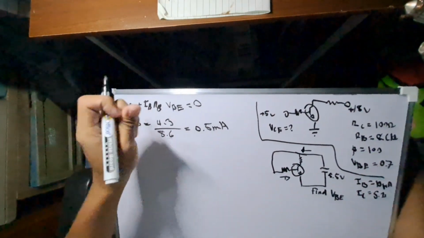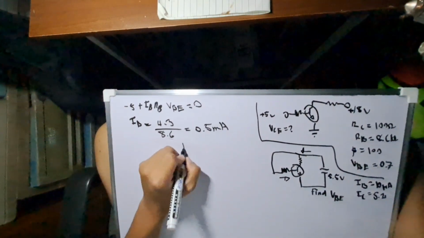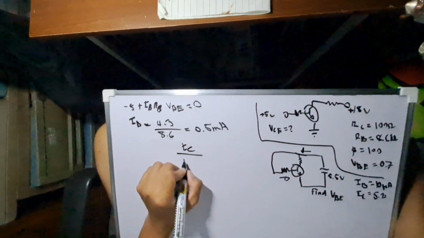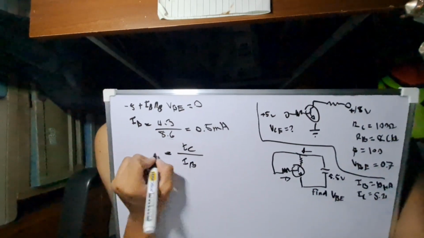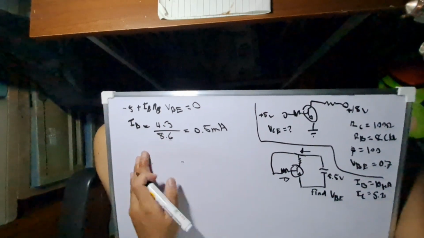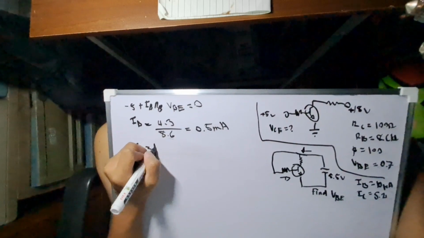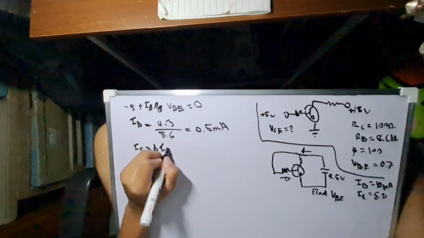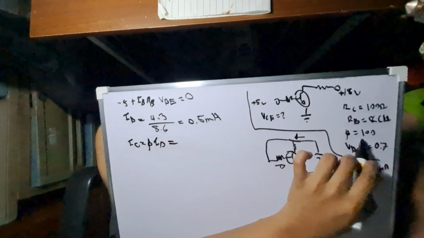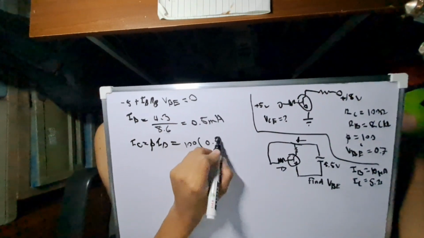si IC muna. So naalala mo, IC over IB is equals to beta. So using that formula, IC is equals to beta times IB, whereas our IB is 0.5 and beta is 100.